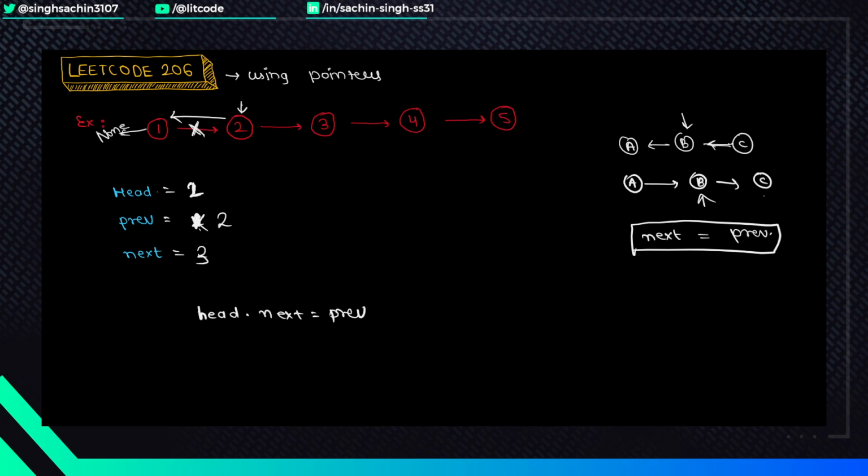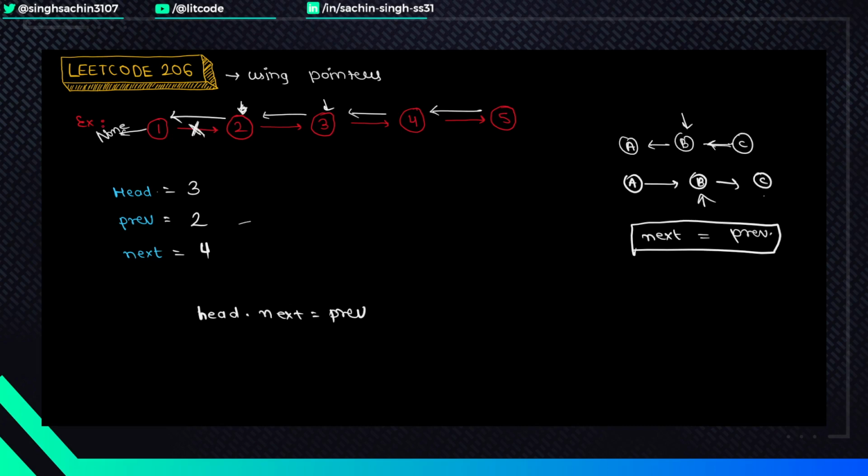Now we update the pointer. Head is 3, previous is 2. Now we'll calculate the next again, which is 4. We'll keep on following this, and at the end you'll have all the mappings reversed.